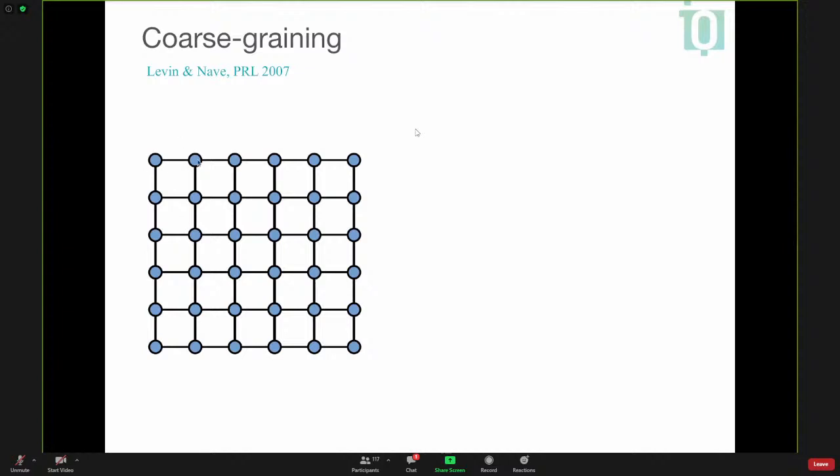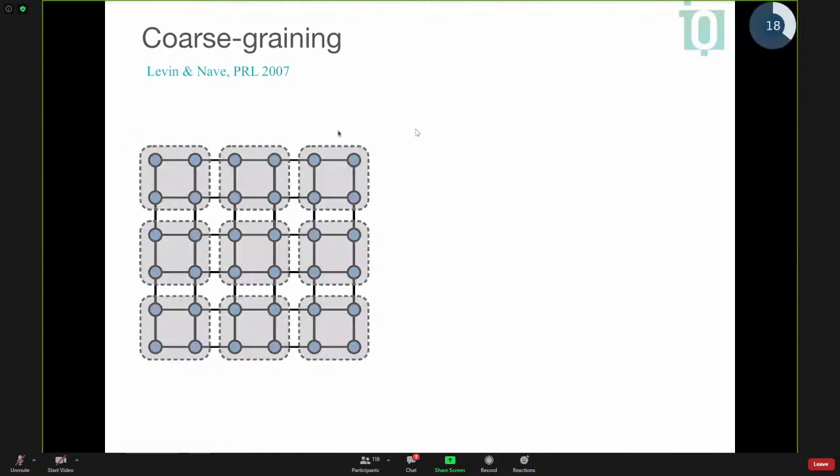You can imagine spins or particles sitting in these positions, and they take one of a few states, and you want to find the ground state energy, or you want to find the ground state of the system. So what these people said was, let's write the state of the system, here we imagine a classical system, as a tensor network that has exactly the same geometry of the system. And now what we want to do is coarse grain.